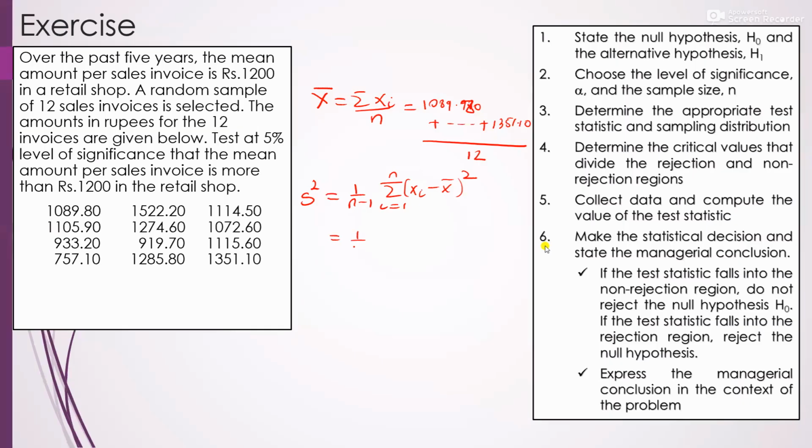This is equivalent to 1 over N minus 1 times summation of Xi squared minus summation of Xi whole squared divided by N. By applying this formula, you can get S squared. Then S is the square root of S squared. Then follow the procedure we have been doing. You have to complete this one, under the part 5 step, and you can complete these steps. Okay? Right.